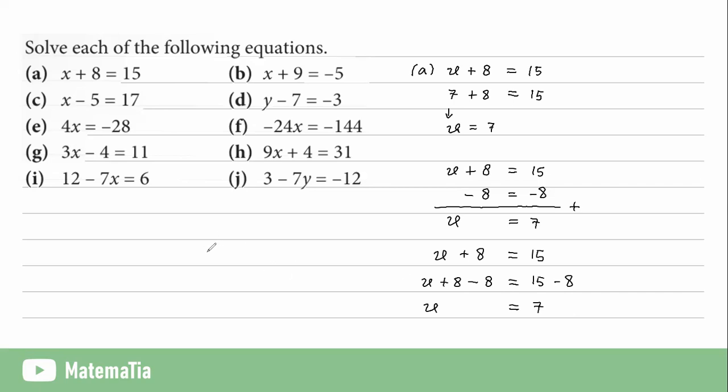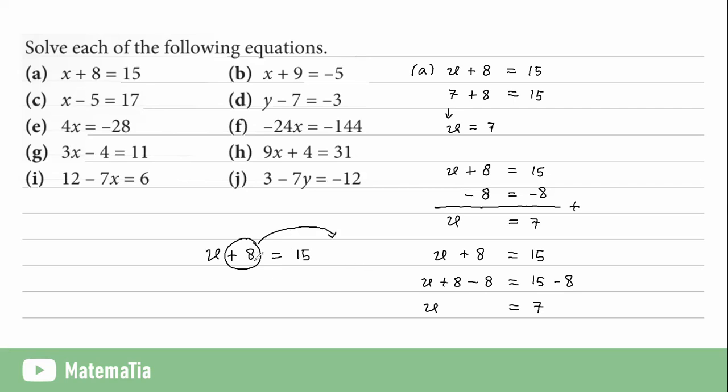Or we may use this way. x plus 8 is equal to 15. Okay, now we have to change this number plus 8 to the other side of the operation.